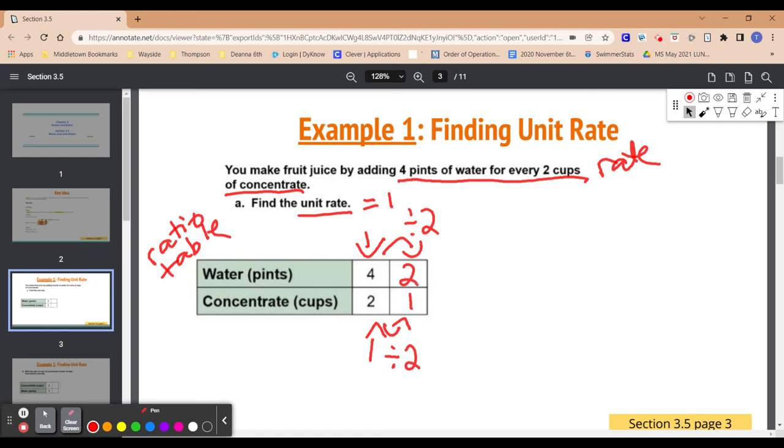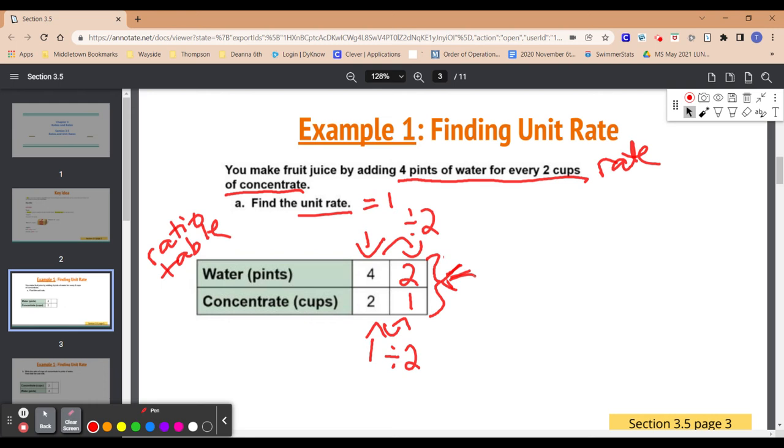So when you're writing your answer and it says find the unit rate, you do need to take this rate, the 2 to 1, and write it in a sentence.